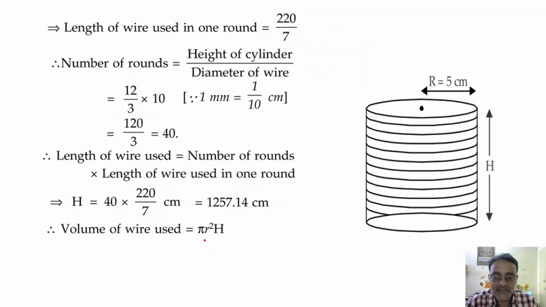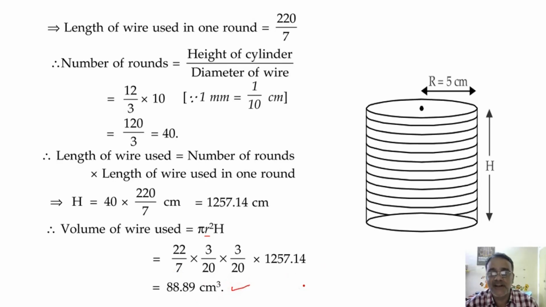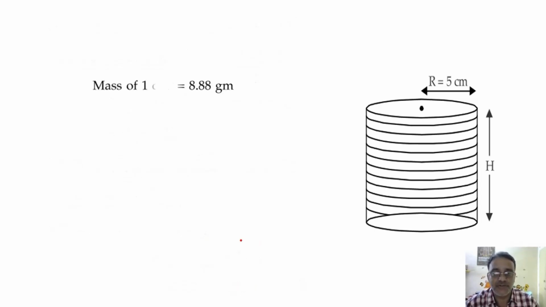So 22 upon 7, and the radius is 3 by 20, so 3 by 20 squared into 1257.14. If you solve all this, we get approximately 88.89 centimeter cube. The mass of 1 centimeter cube is given in the question, that is 8.88 gram.